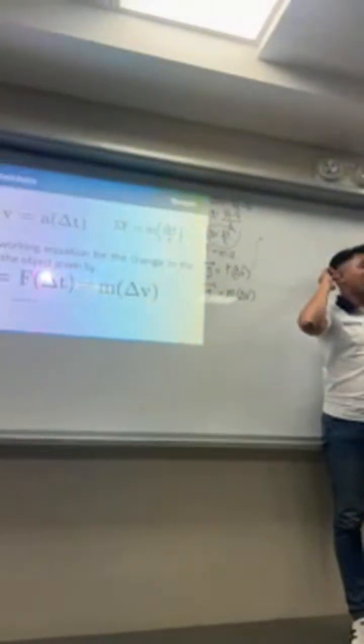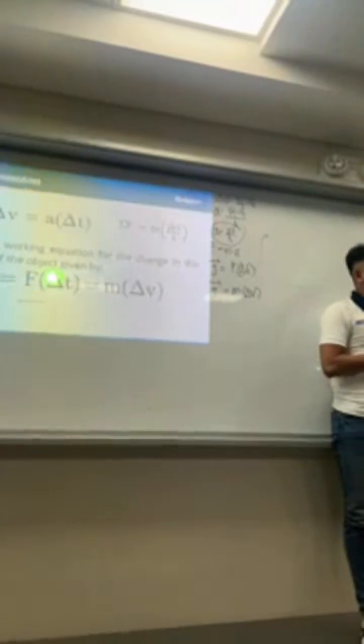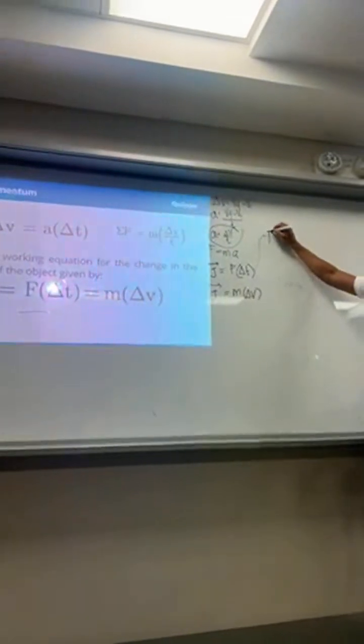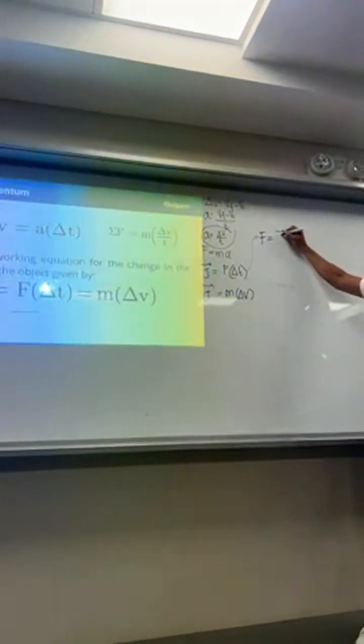Again, it depends on the given, and you can use either one because there are just two. Now, later there will be a problem where you are asked to find force, and the given is impulse and time. To find force, the formula will become like this.